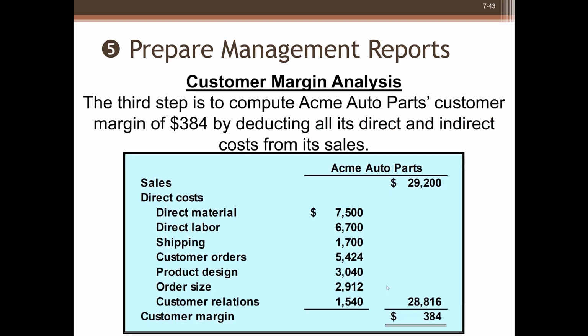Third step, we subtract Acme Auto Parts direct and indirect costs from sales to get the customer margin. So I have total sales here minus direct costs, including direct materials, direct labor, and plus shipping costs, and plus overhead costs assigned using ABC to this customer. And we get the total cost here, and you'll get customer margin.